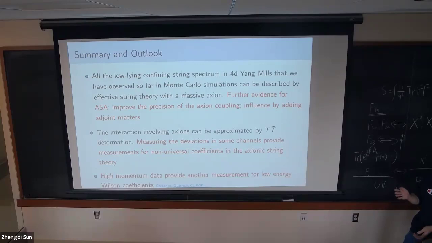Yeah, so this is actually a really interesting point, because using the axionic string ansatz, we predict how the axion coupling will change with adjoint matter, so that if we can successfully measure the axion coupling... What's the prediction? The prediction is as follows.